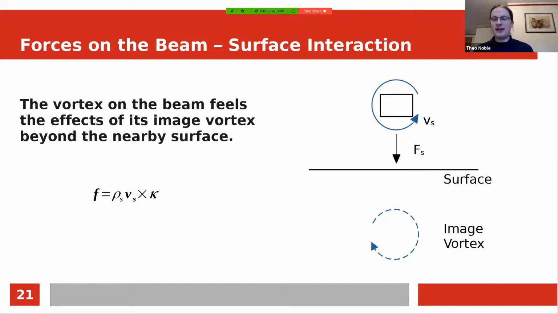So basically making the surface a mirror in some respects, and placing an anti-vortex at the same distance away from the surface as the original vortex. Then you can plot on top of each other the superposition of the two flow patterns to work out the flow pattern of the whole of the fluid. From this, you can model the interaction between the original vortex and the image vortex as the intervortex force. And this will lead to a static force pulling on the nanobeam.